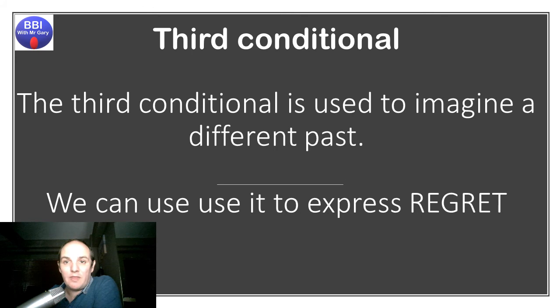Remember, the third conditional is used to imagine. That's the key word. Imagine a different past. The word regret is often used to express a different past outcome. So that's why we use the third conditional.